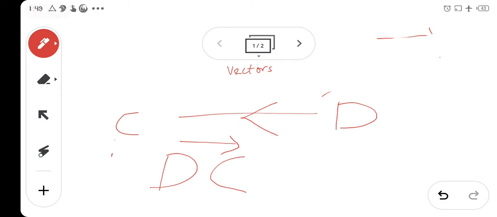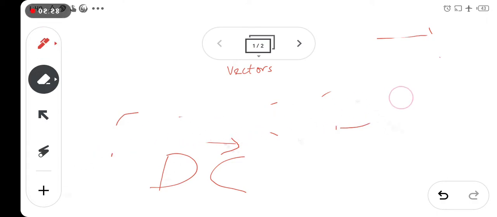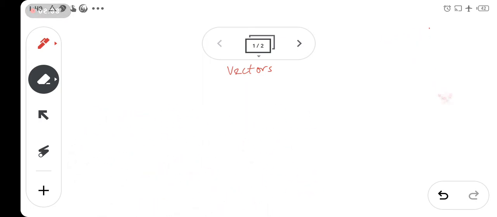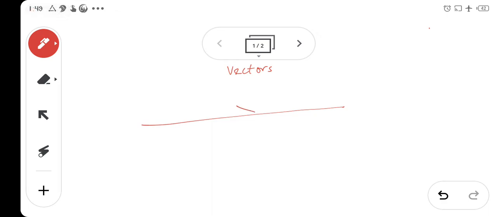Next, if you read the note, I described what a negative vector is. Let's draw a vector A. Mind you, we can also represent vectors with a lowercase letter, but if we want to do so, we'll put a bar underneath it. If this is a vector A represented in both magnitude and direction by this line segment, the negative vector of this is another vector with the same magnitude but in the opposite direction.